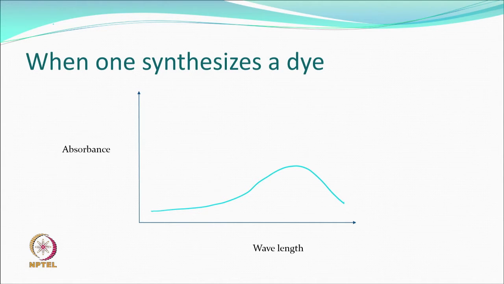So, we synthesize a dye which has a certain absorbance spectrum. Let us say this looks like this. This is pretty good. And now, this is my standard, and I have made a dispersed dye which was matching this.